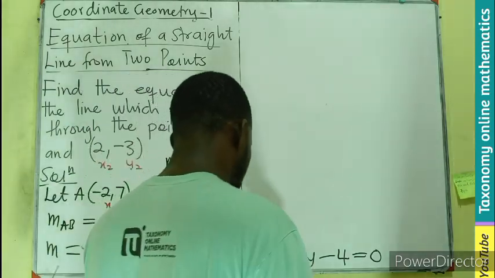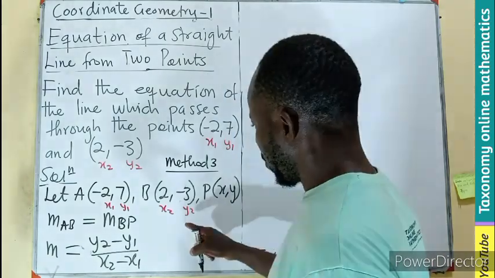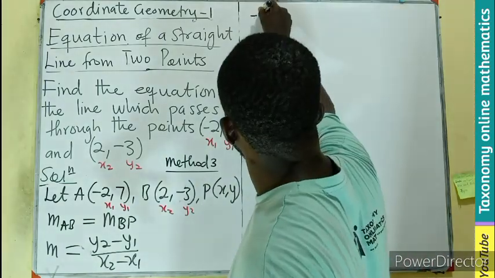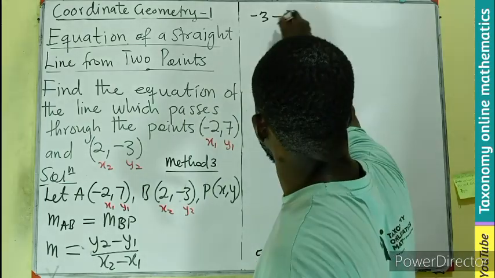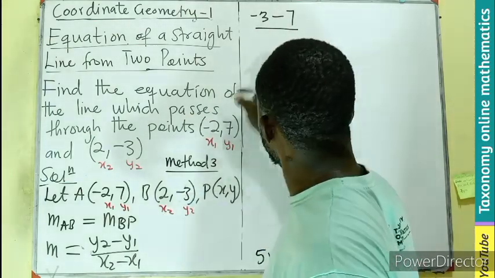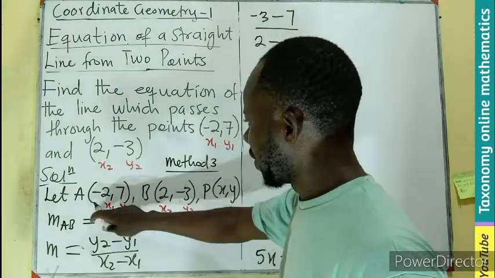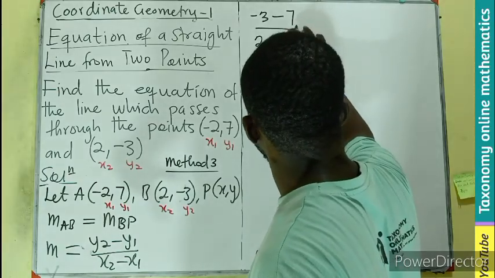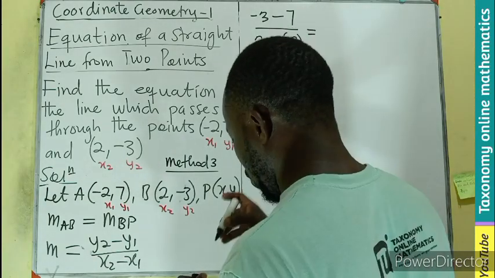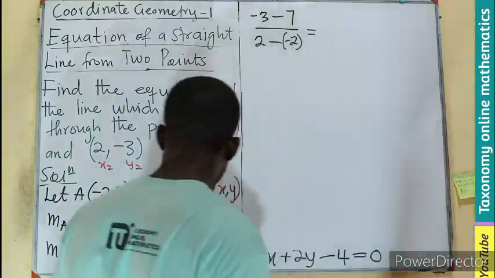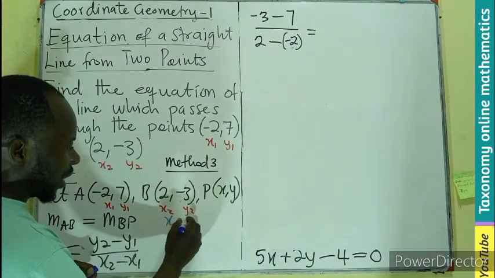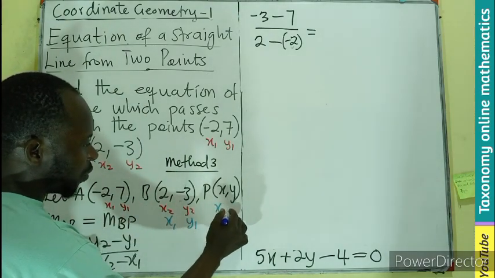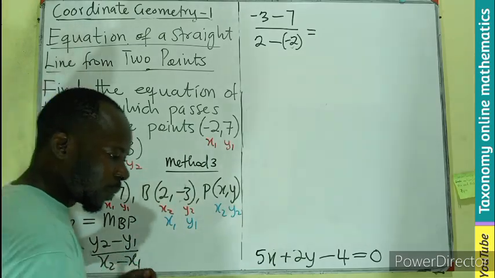So let's go. y2 will be minus 3, which is this, minus 7, divided by x2 minus x1. All this equals, if I'm comparing B and P, this will be x1, y1, x2, y2.